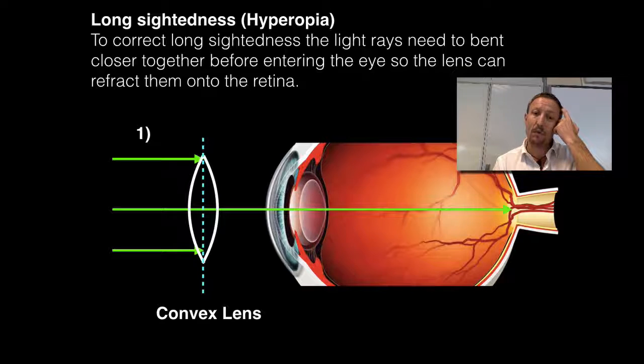Now remember, we want to actually get them to converge on the arrowhead of that second line. Now with long-sightedness, that won't happen because the lens is too long and thin, so the image normally is formed behind the eye. So that convex lens is going to bend that light in. It's going to help the lens.